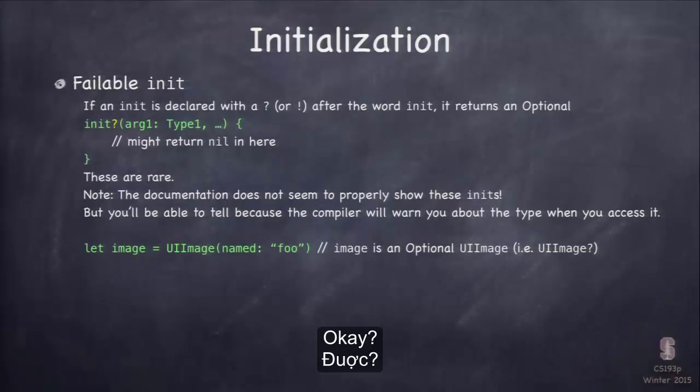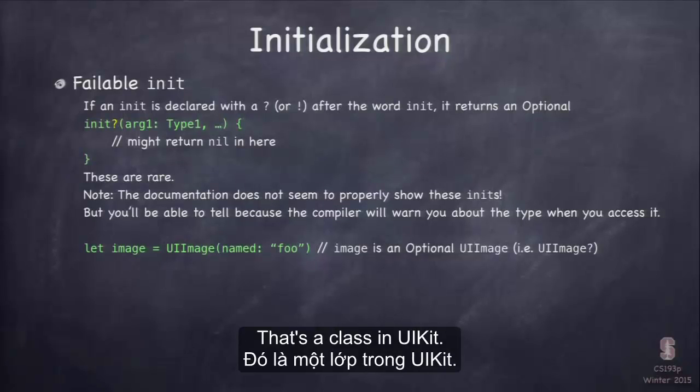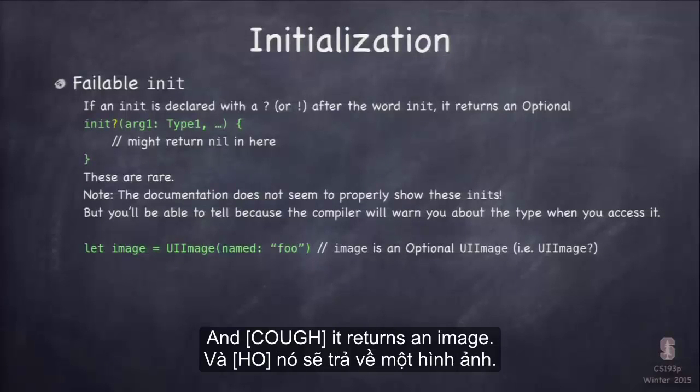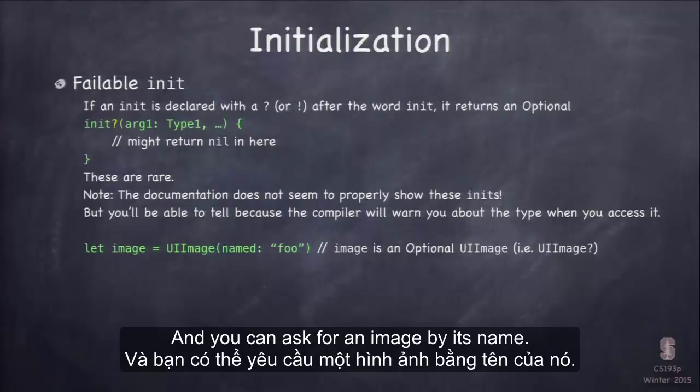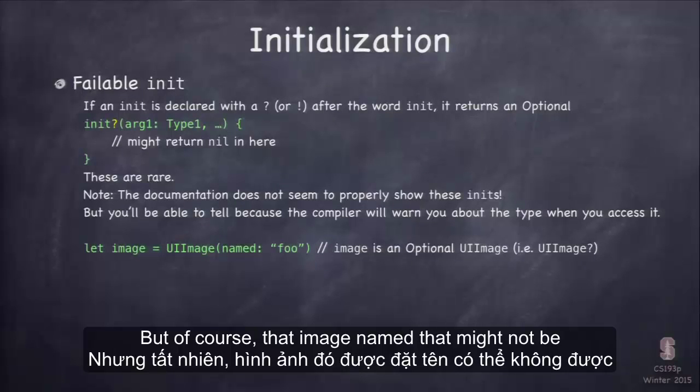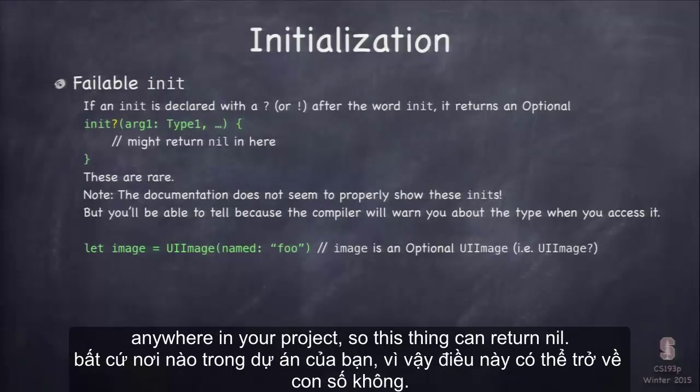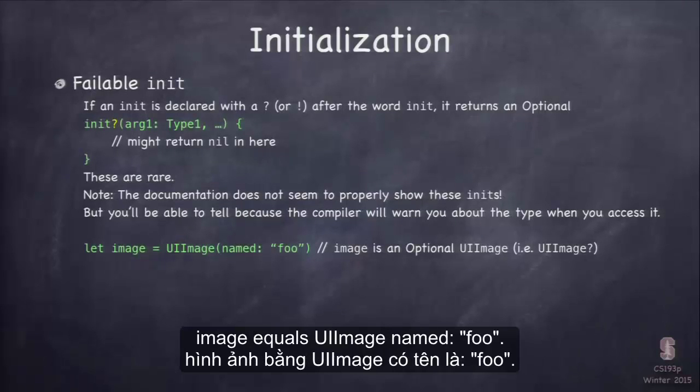So UIImage, okay? It's a class in UIKit. And it returns an image. And you can ask for an image by its name. But of course, that image named that might not be anywhere in your project. So this thing can return nil. So in this case right here, image equals UIImage named foo.